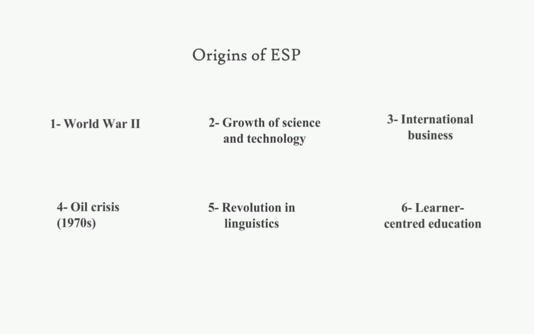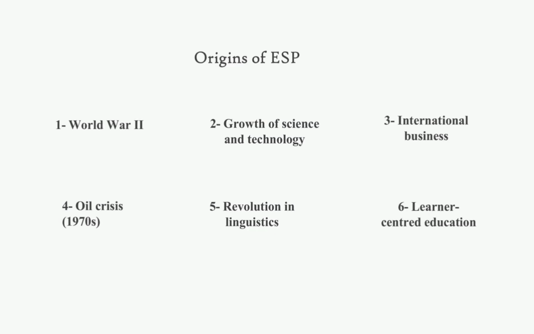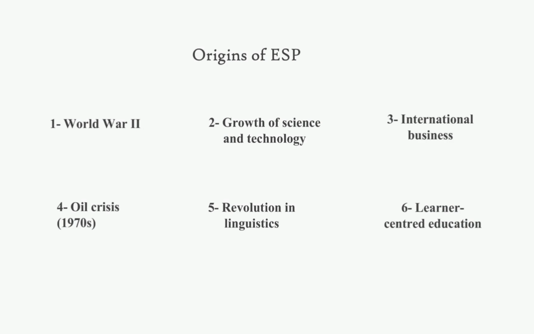As English became the dominant language of research and international business, professionals needed English for specific purposes rather than for general communication. Another important factor was the oil crisis of the 70s, which increased international cooperation and strengthened the role of English in technical and professional fields.